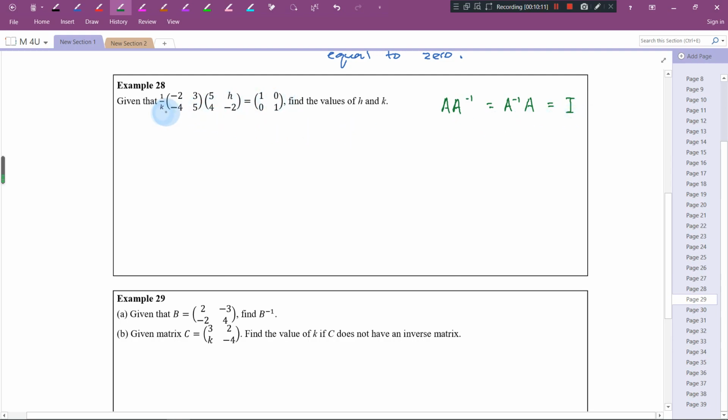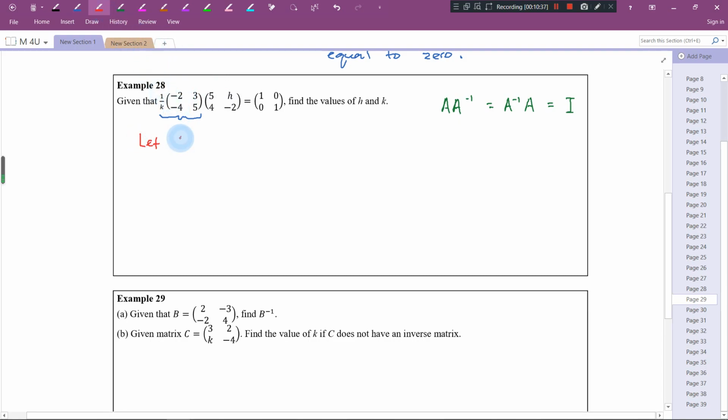So when you look at this product, this multiplication will give you the identity matrix. You know that one of the matrices must be the inverse matrix of the other one. So you can say this is the inverse matrix of this, or you also can go another way. This is the inverse matrix of this. So in this case, I will do it this way.